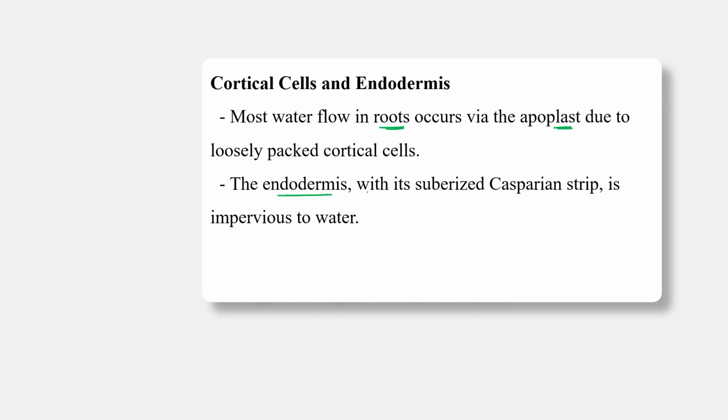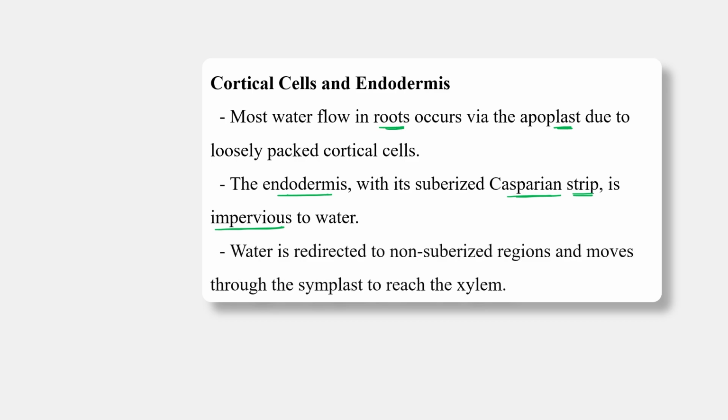As you know, this has a suberized Casparian strip, and this endodermis is impermeable or impervious to water. So water is further redirected to the non-suberized region and moves through symplast to reach the xylem.